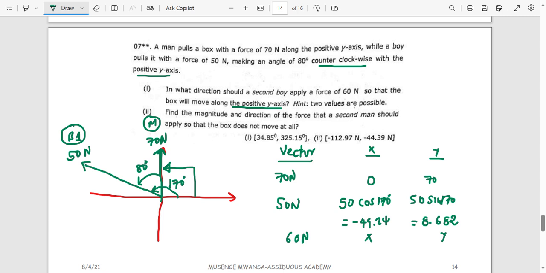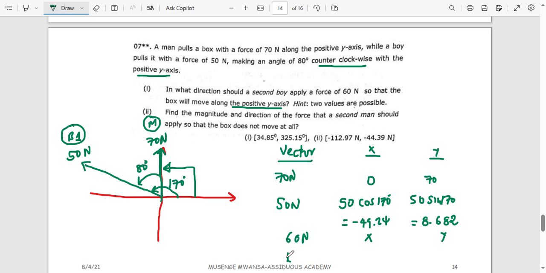So you want another boy to come in, and this boy is pulling this box also, applying a force of 60 newtons, but the box is going to move along the positive y-axis. If something moves along the positive y-axis, what does that tell you? What is the angle it makes with the x-axis? It's 90. Good. So now that is the angle, 90.